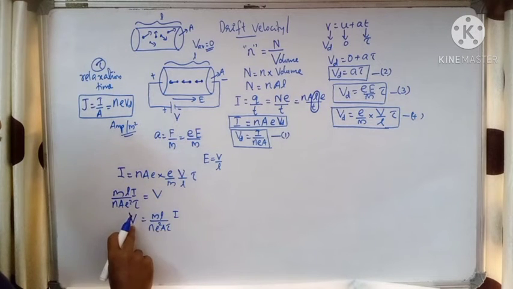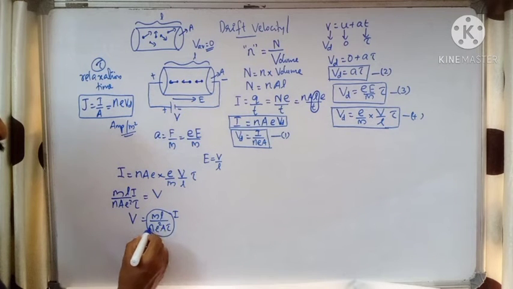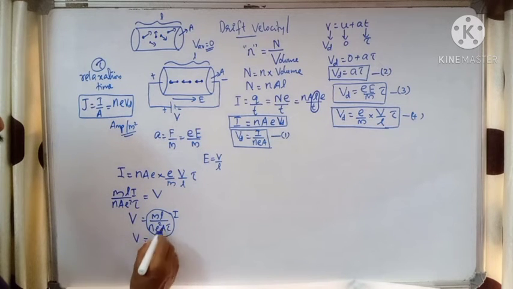V is equal to, and these terms are constants. Mass of electron is constant, length of conductor, area of cross section of conductor, electronic charge, number of electrons per volume, relaxation time, all these are constants. So what we can say is V is equal to a constant R into I, or V is proportional to I. This is Ohm's law.